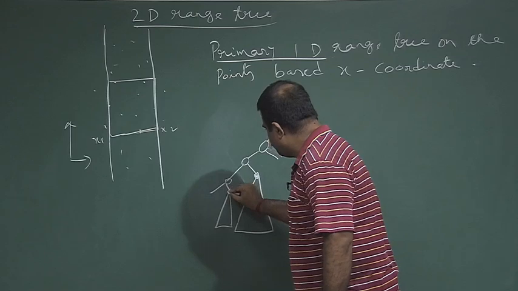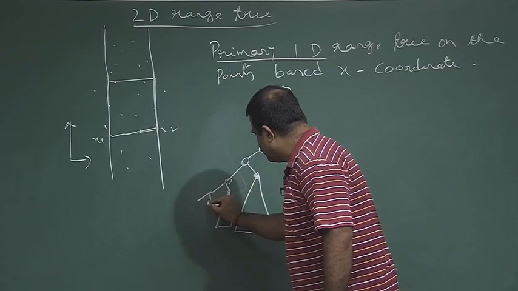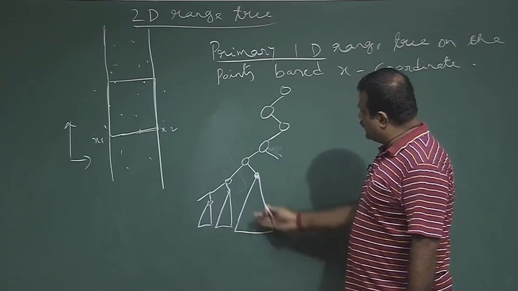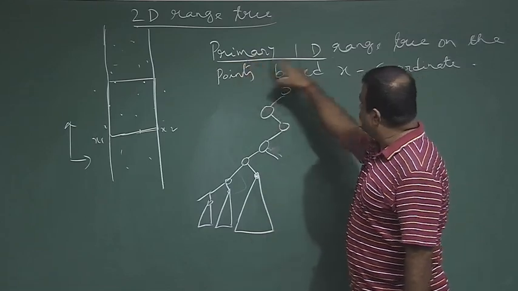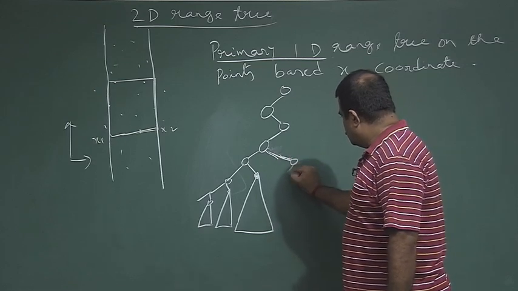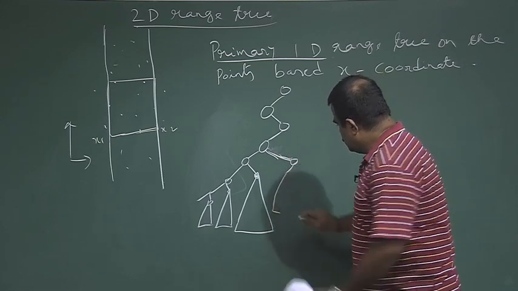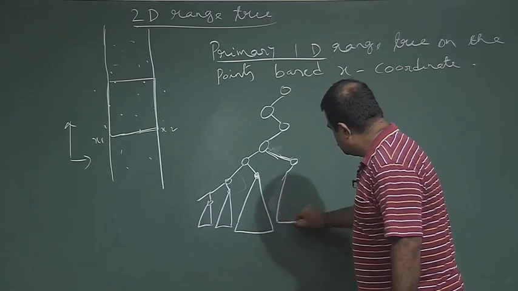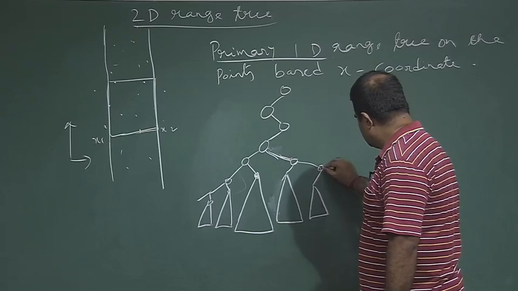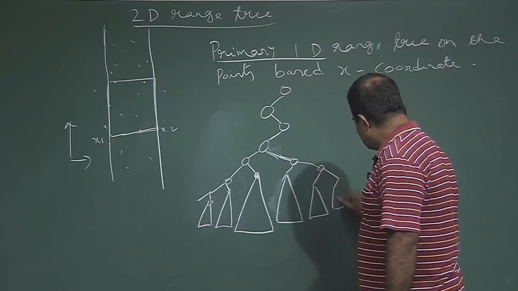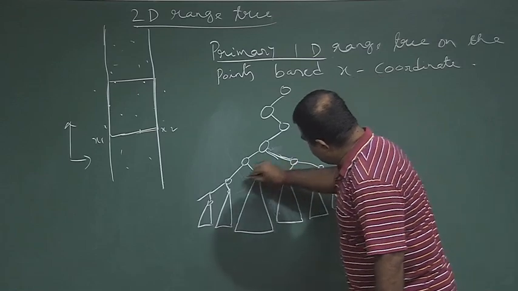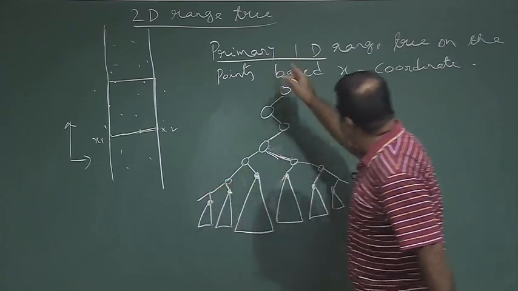Suppose these are the trees we are getting in the primary range search, then from this side also we go this side. So, these are basically the trees we are outputting after the primary range search.